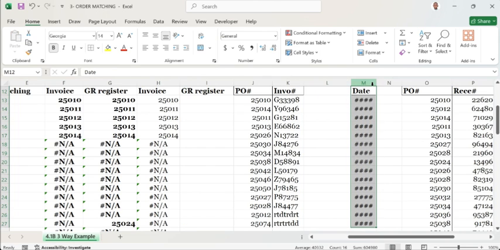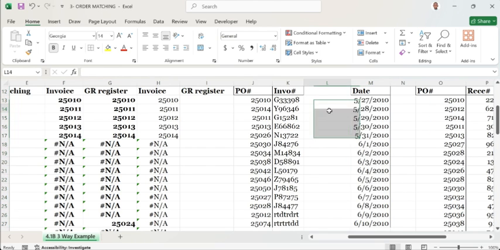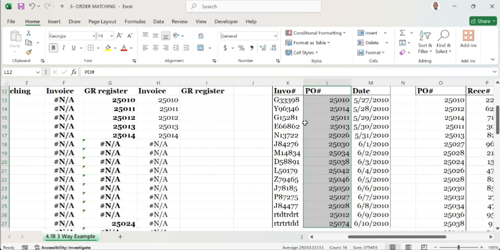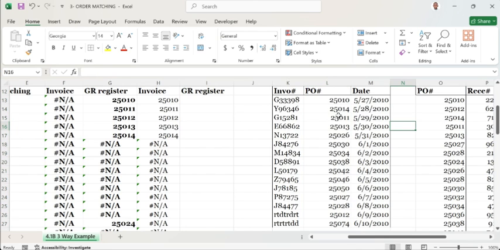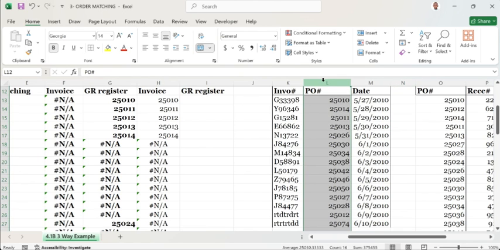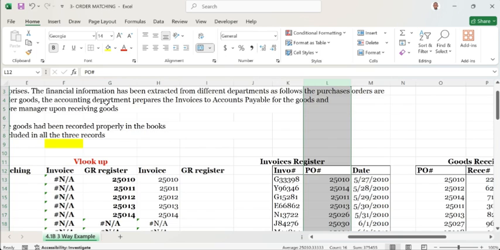I was doing some research. Somebody was saying you can do VLOOKUP in this way. You come and say equals VLOOKUP. I don't know whether I remember it well. You click this. Comma. Instead of highlighting the whole of the invoice, you highlight the PO only.